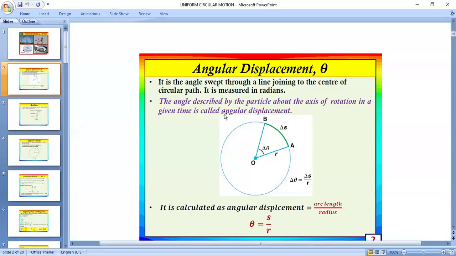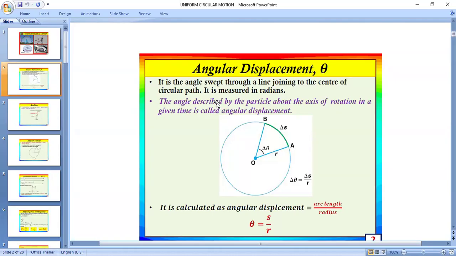So you should be able to define angular displacement by saying that it's the angle described by a particle about the axis of rotation in a given time. You can also define it using your own words, as long as the meaning is brought out.